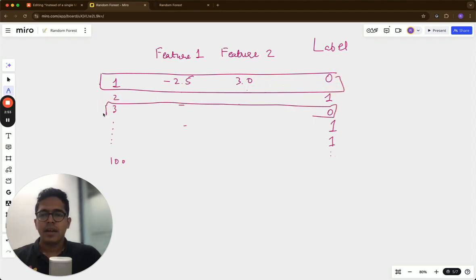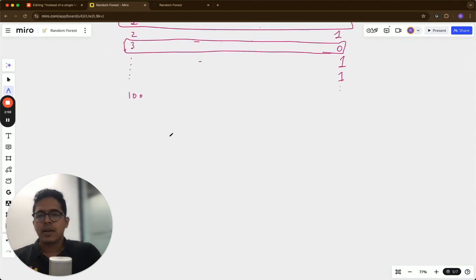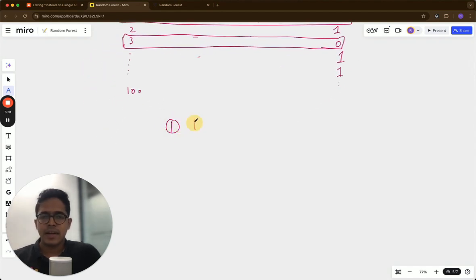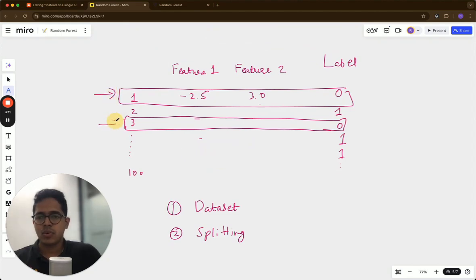Okay. Now what we are going to do first is split the data set into training and testing. So first define the data set, and then we have to do train test splitting. Splitting means you will only choose some of the rows here.